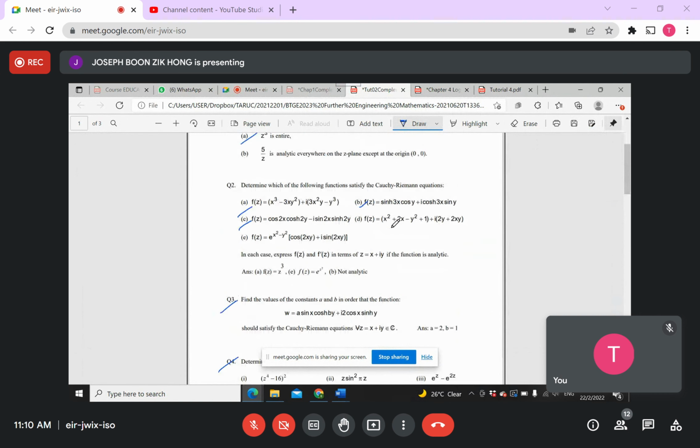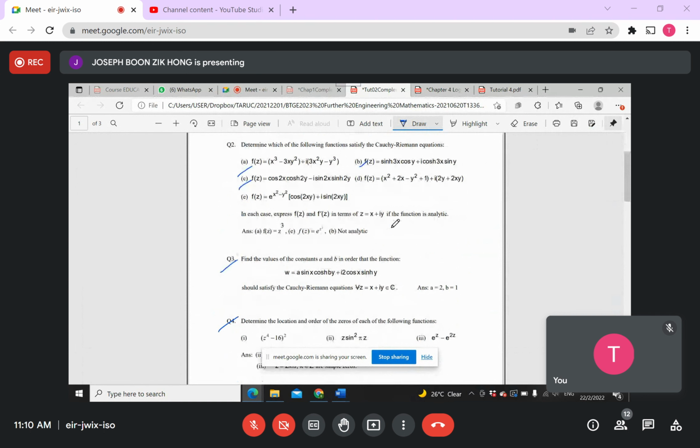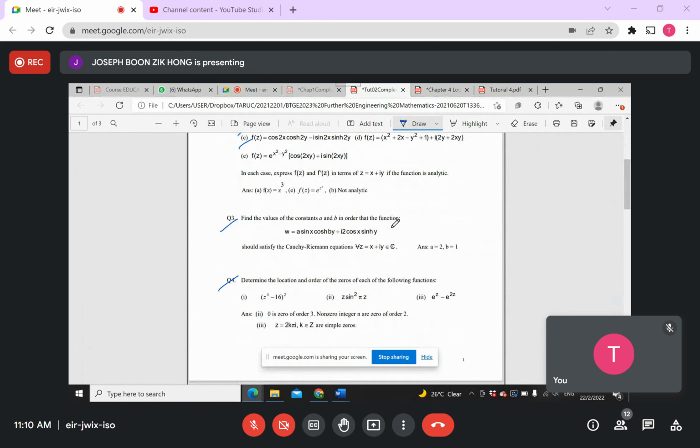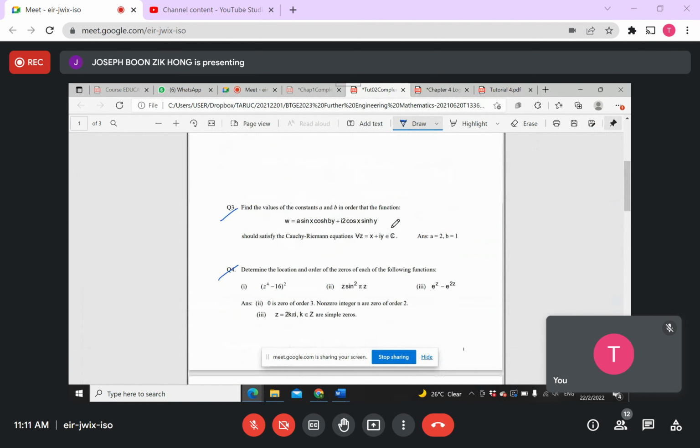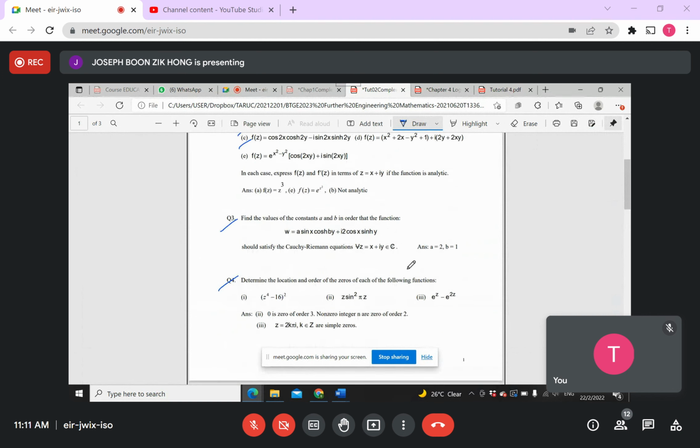Tutorial 2? Have we done this one? Why does it look like I did before, but it does not conform? This one we've done already, is it? 1, 2, 3, 4.